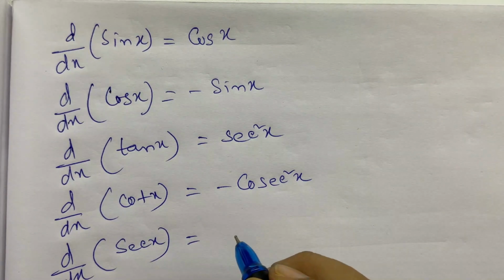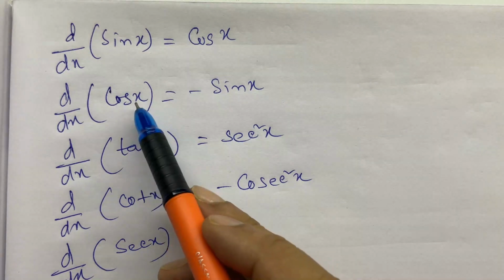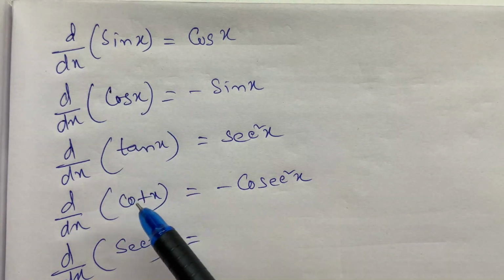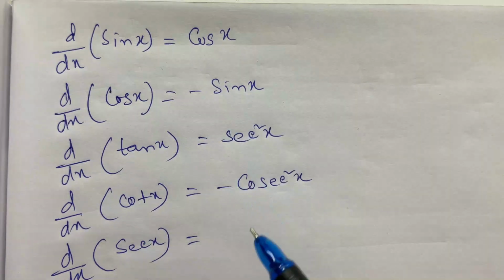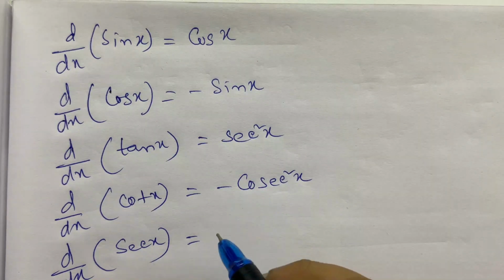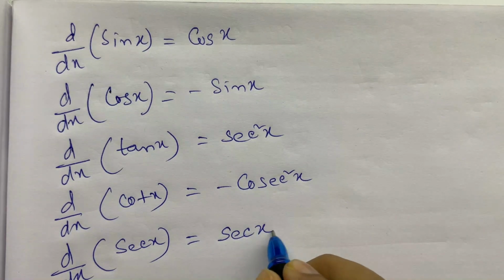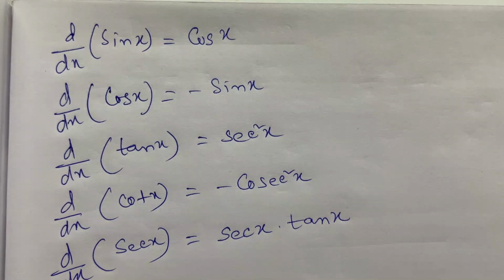Sec x, always remember, you know that sec x is 1 by cos x, but that doesn't mean that your differentiation is 1 by minus sin x, not like that. If you derive from the first principle, you will get sec x tan x. d dx is a differentiation, it's a measurement of slope.